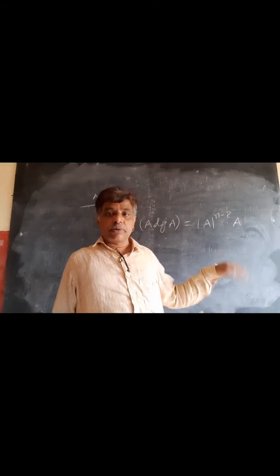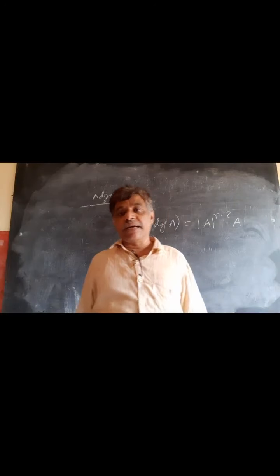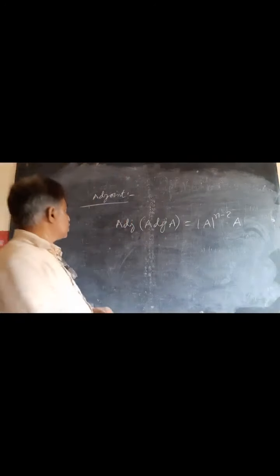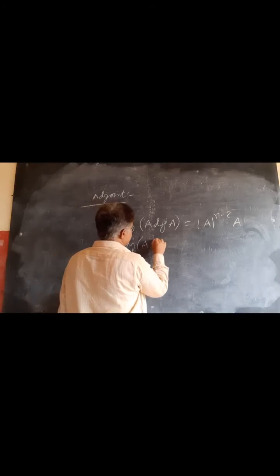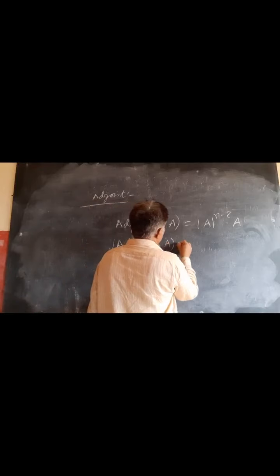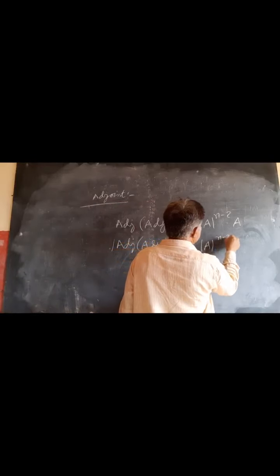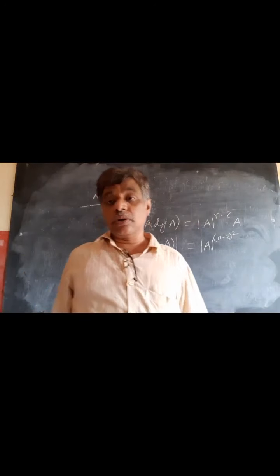So simplify: det of adjoint of adjoint A equals det A power n minus 2 whole square.